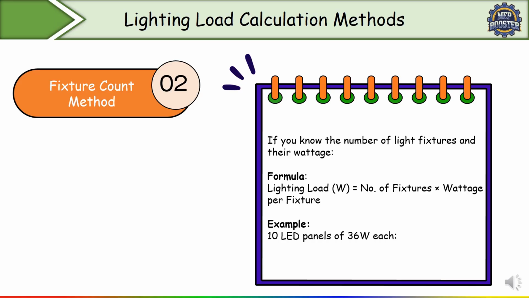For example, if you have 10 LED panels of 36 watt each, to calculate the total load, 10 into 36 is 360 watt or 0.36 kilowatt. In this way, you calculate the lighting load by the fixture count method. But remember, for that you need to know the number of lighting fixtures and their wattage. Then only this method is possible.